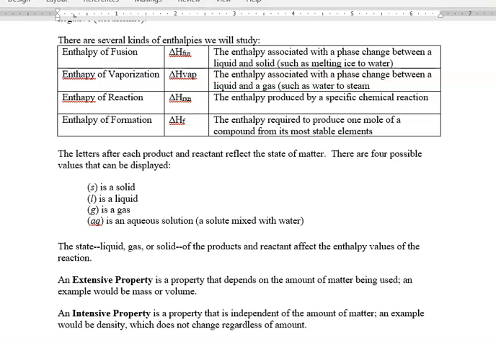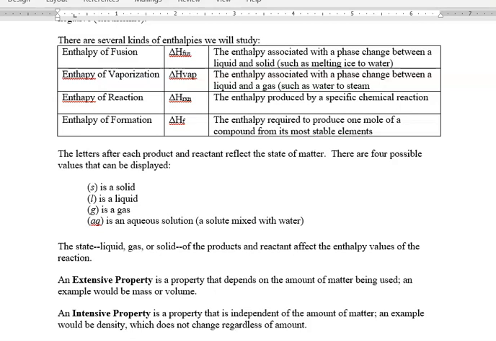And if you want to freeze the water back into ice, you have to remove that exact same amount of energy to turn the water back into the ice cube. So that's energy coming out. Those are called the enthalpy of fusion. It's the heat that's put in or taken out when you're either melting a solid or freezing a liquid.